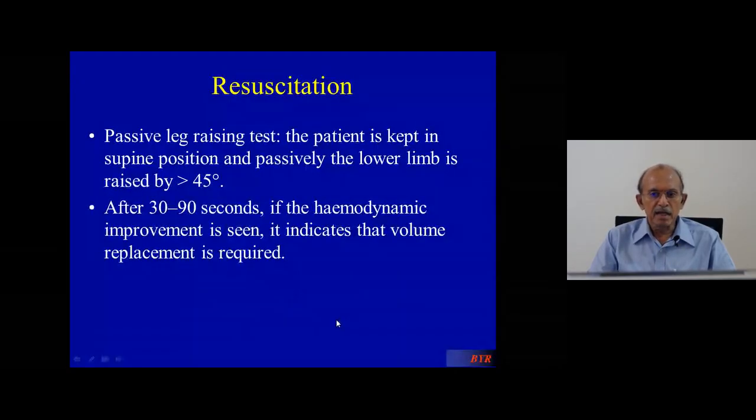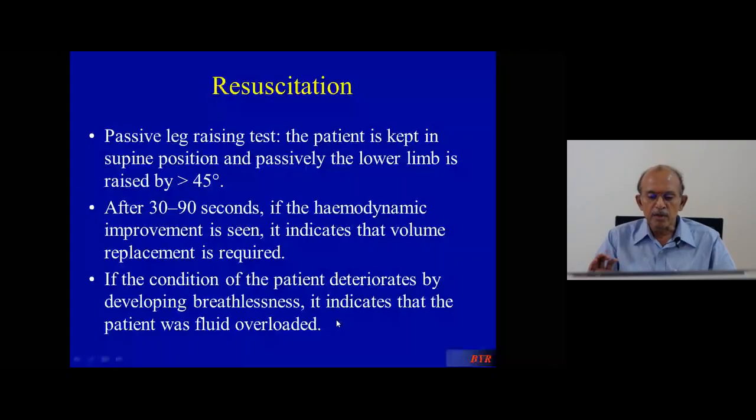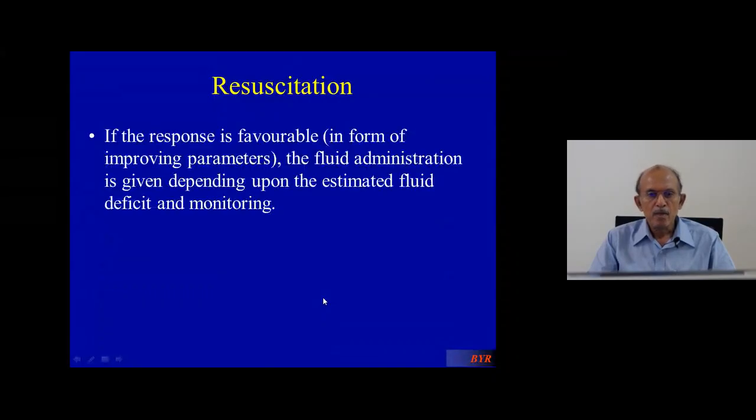If after 30 to 90 seconds hemodynamic improvement is seen, it indicates that volume replacement is required. These are simple tests to know whether the patient requires volume replacement or not. If the patient deteriorates by developing breathlessness, it indicates that the patient was fluid overloaded. If the response is favorable, fluid administration is given depending upon the estimated fluid deficit and monitoring.